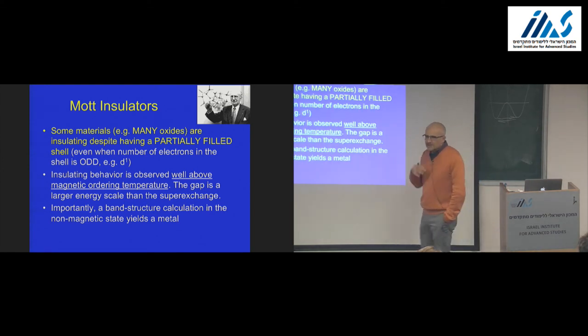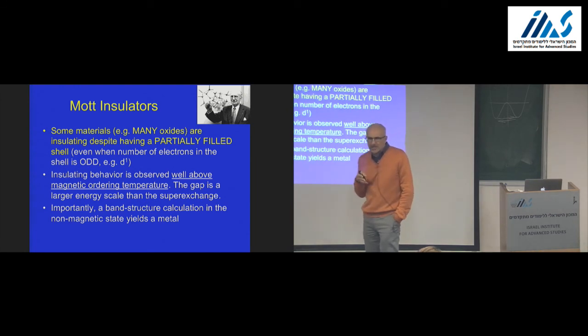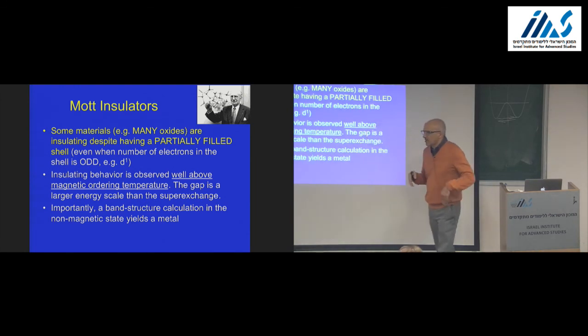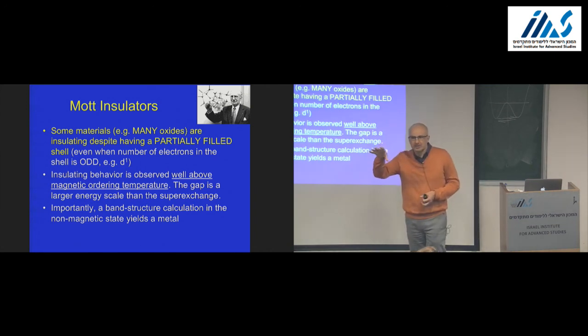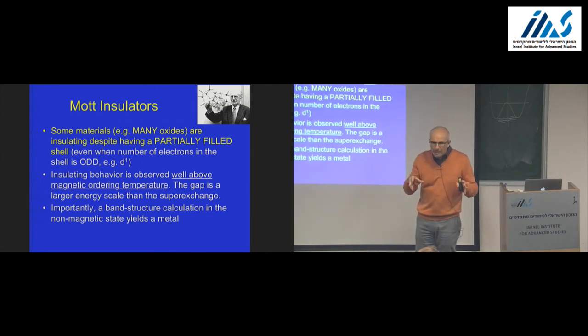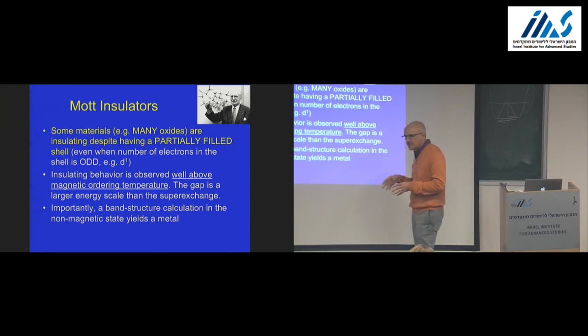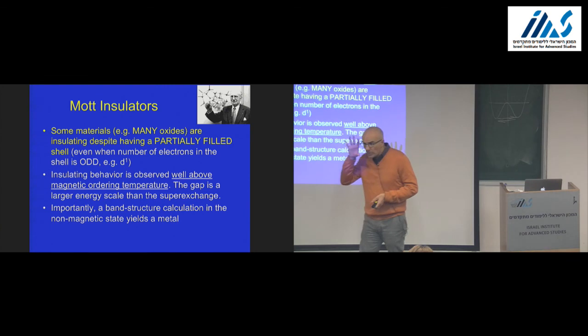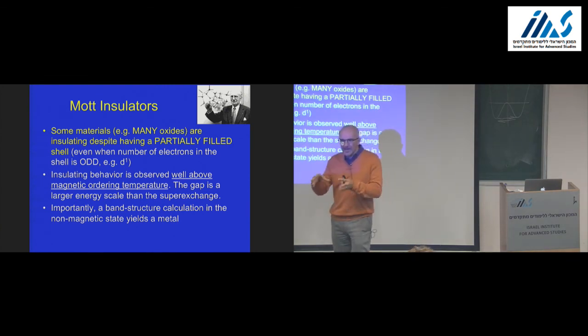Think about the V2O3 example that I showed you yesterday. What phases does it have? It has a phase at low pressure, which is a paramagnetic insulator, despite the fact that we have a partially filled shell, with no magnetic ordering and a healthy gap.